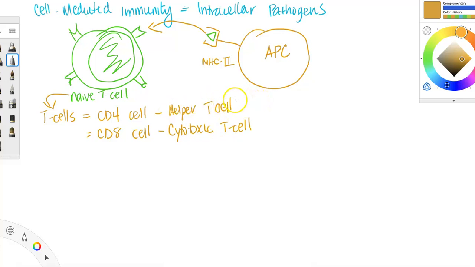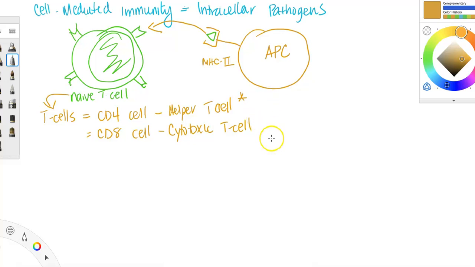Helper T cells are very important because we need those to activate other lymphocytes. We need those to activate B cells. There are more of these, not necessarily more important, but there are more of those, and this is a key part of the immune system. Cytotoxic T cells actually kill infected cells or get rid of infected cells.